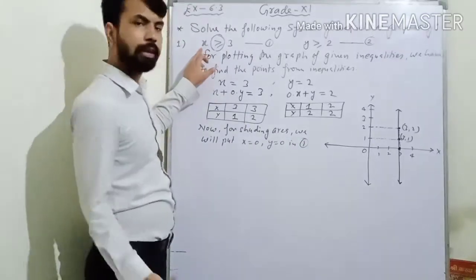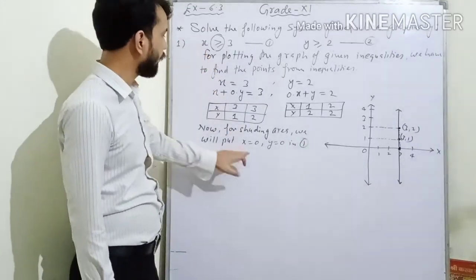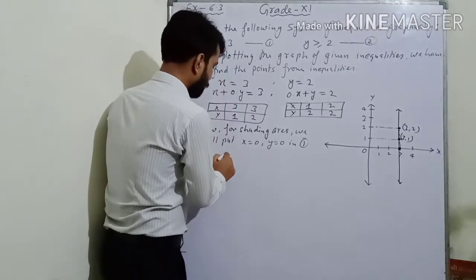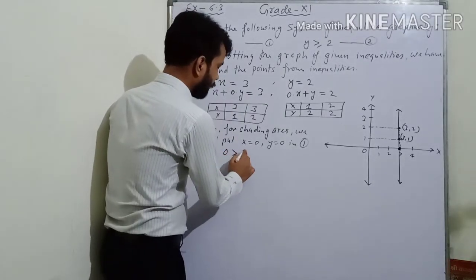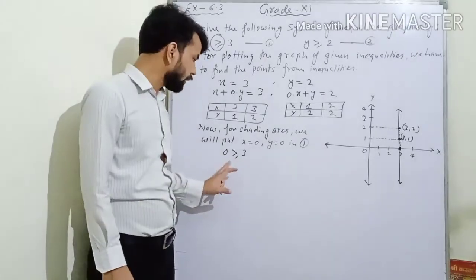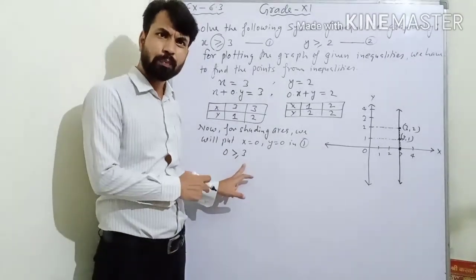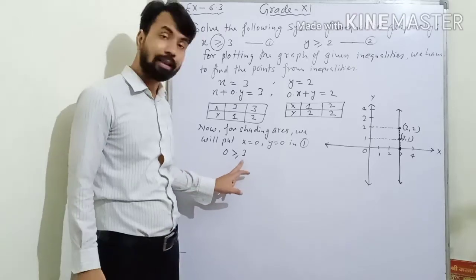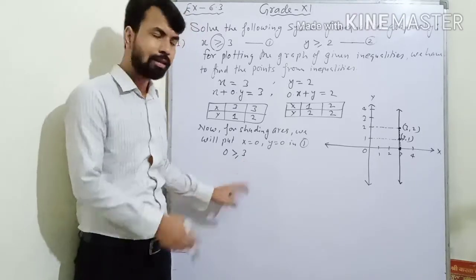So y is not here, so only we will put x equal to 0 here. So 0 is greater than equals to 3. Is it true? Because 0 cannot be greater than 3. So this condition is false.